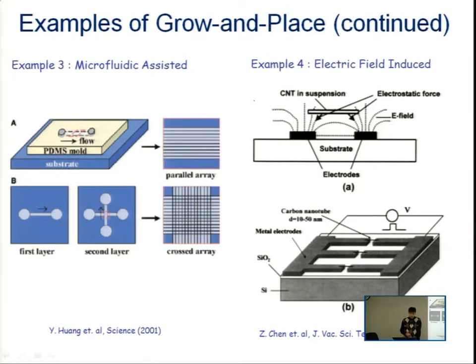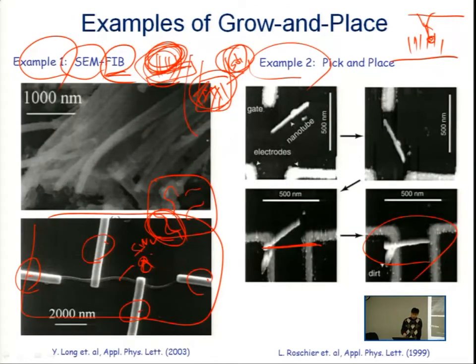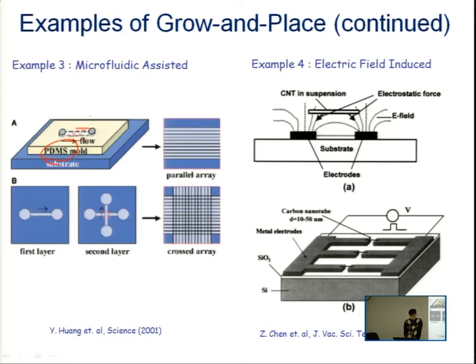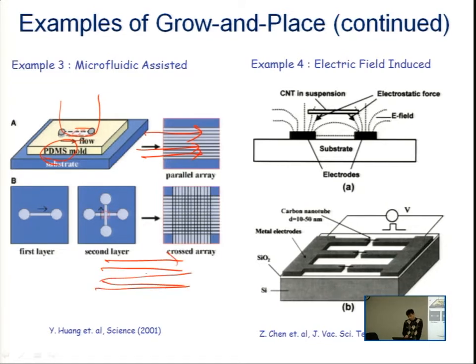The next method uses the same kind of solution mixed with nanowires. People have a PDMS, which is a silicon rubber, with a channel structure, and simply flow the nanowire-mixed solution through it. As the nanowires flow in one direction, they tend to align to the direction of the flow.